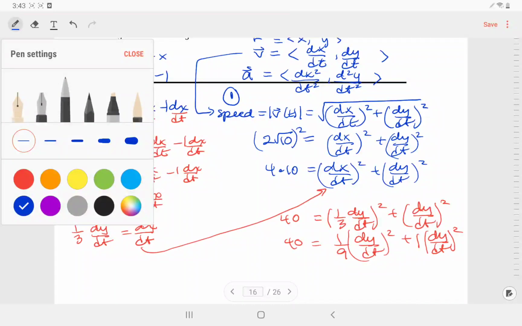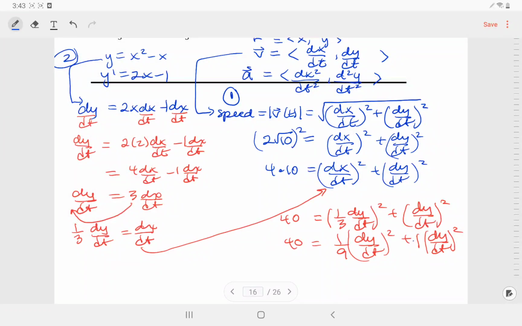We could either deal with the fraction, which is not that big of a deal, or we could just multiply everything by 9. Okay, so that's 360 equals (dy/dt) squared. I just wish I had another letter for that. Squared plus 9. So that's one of them, and then that's 9 of them.